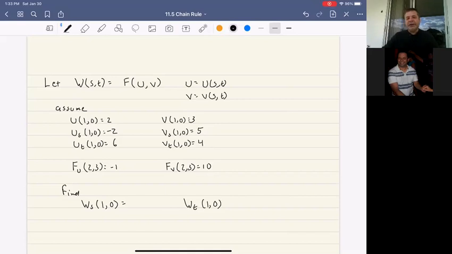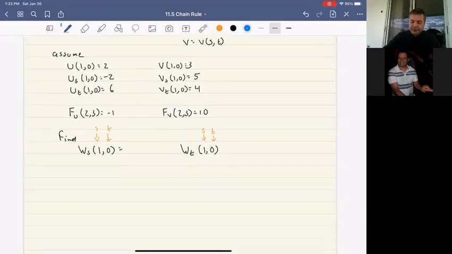Okay, so now when we think about 1 comma 0, this is the S and T values. Okay, so let's make that clear. Because our W is sort of framed as a function of S and T, whereas F is framed as a function of U and V. Okay, so what are we going to have?